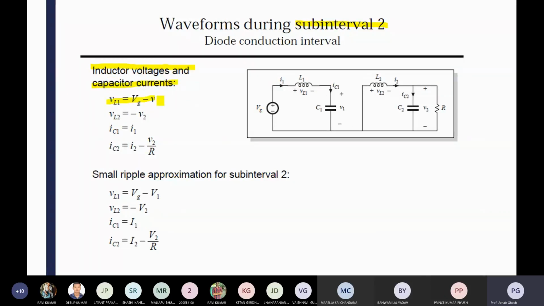After approximating the small variations as constant values, we finally get a set of equations.